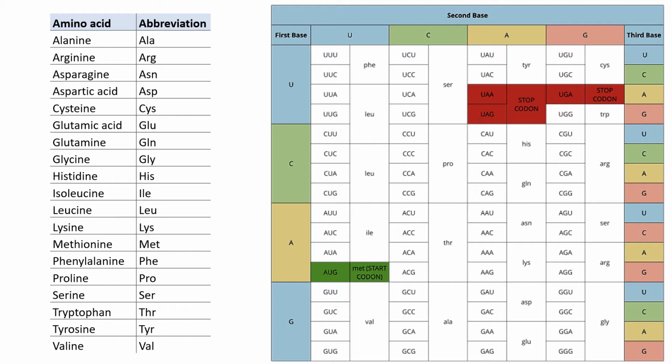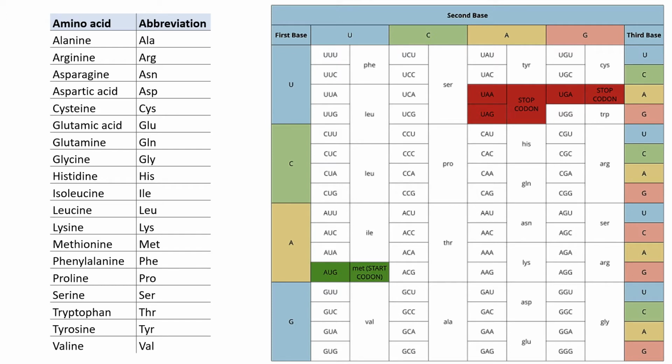So if we really wanted to know what arginine was, and I'm trying to spot it here, you probably already have, there it is over there, we can see that we have various codons that can code for that. So we have AG and then possibly another A or a G.